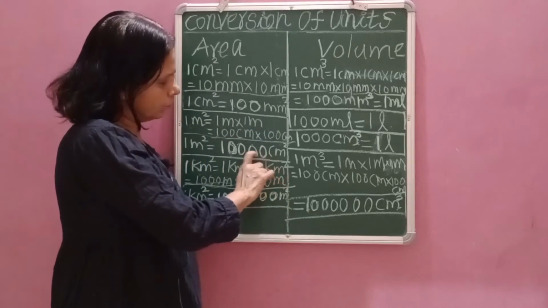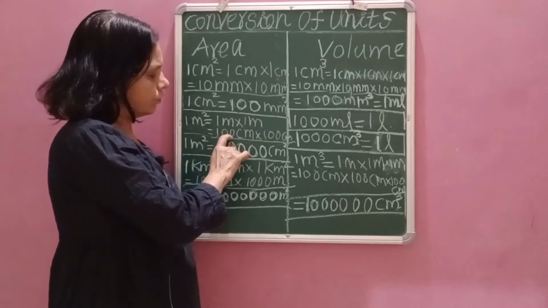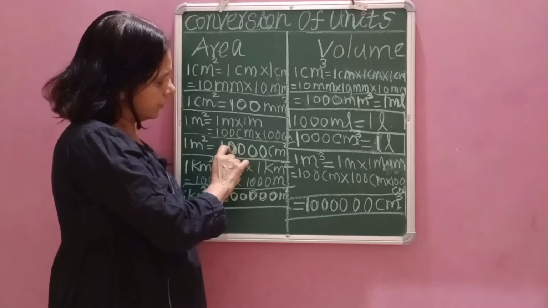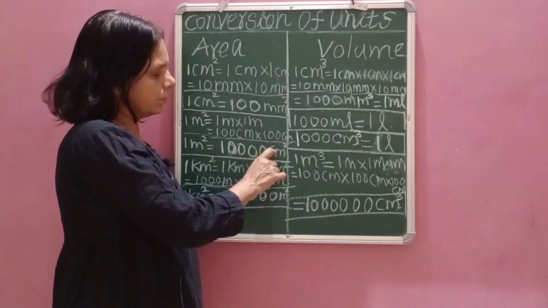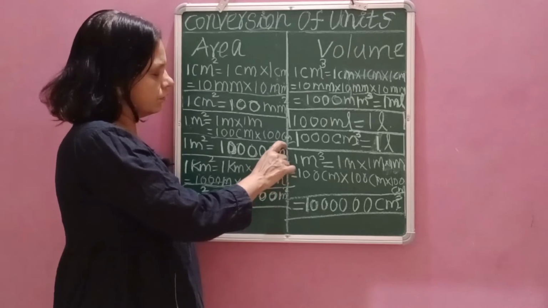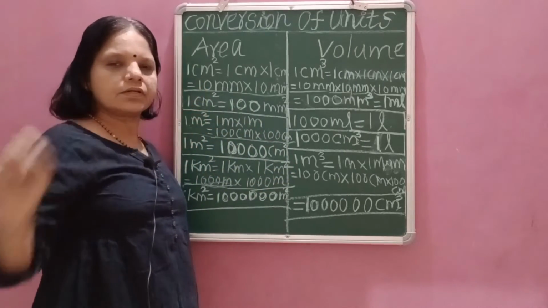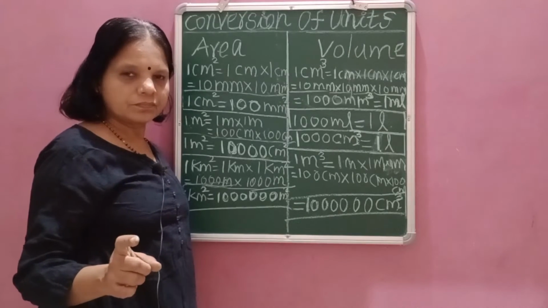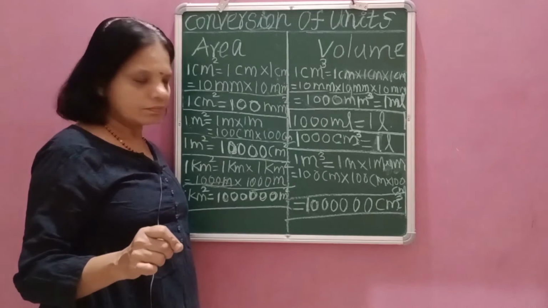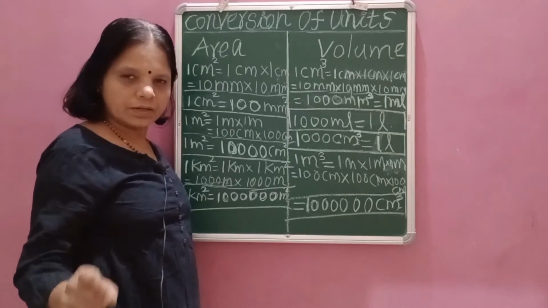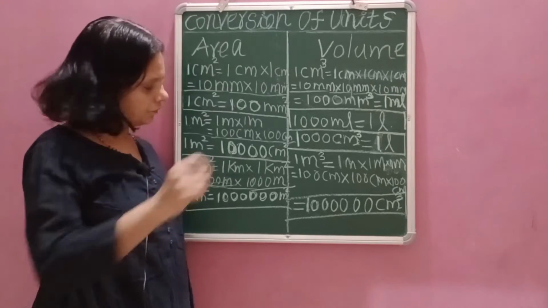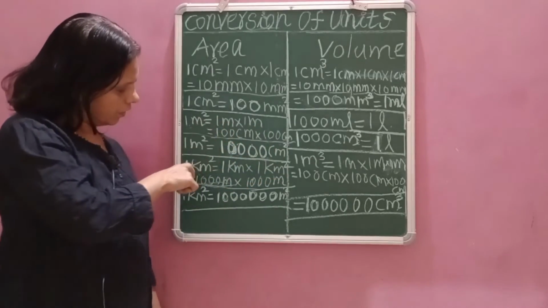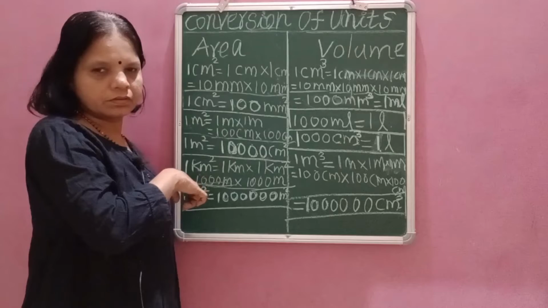How many zeros should be there? Here 100 has 2 zeros, here 2 zeros, so 4 zeros. What is this number? 10,000 centimeter square. That is equal to 1 meter square. Understood how it is obtained? 100 into 100 is 10,000 centimeter square.